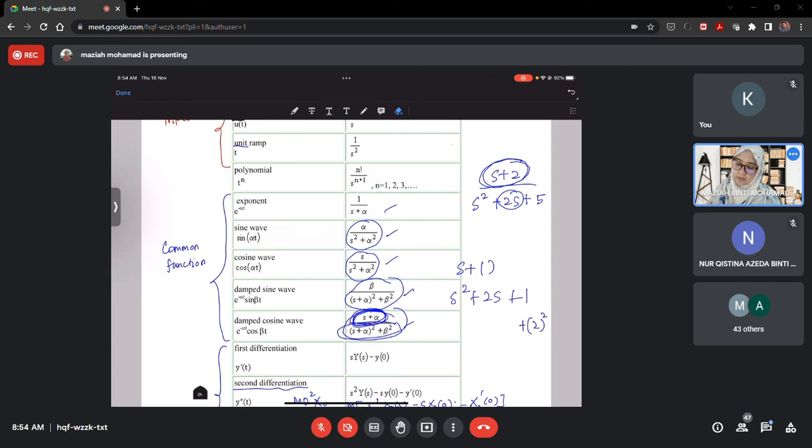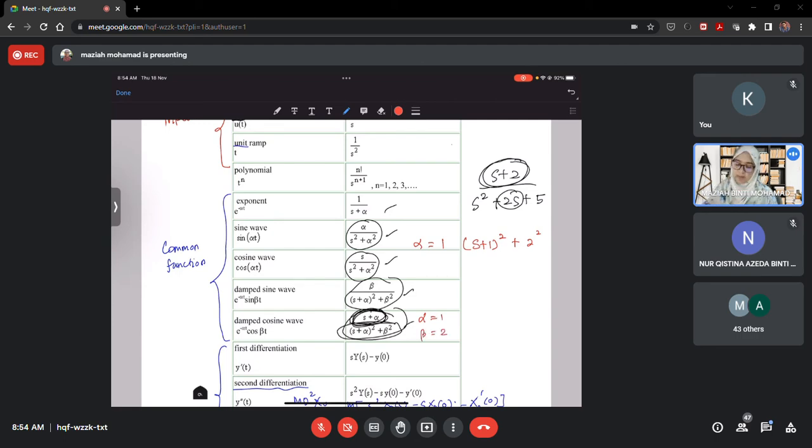So we get the denominator, which is s plus 1 square plus 2 square, right? Therefore alpha is 1, beta is 2.